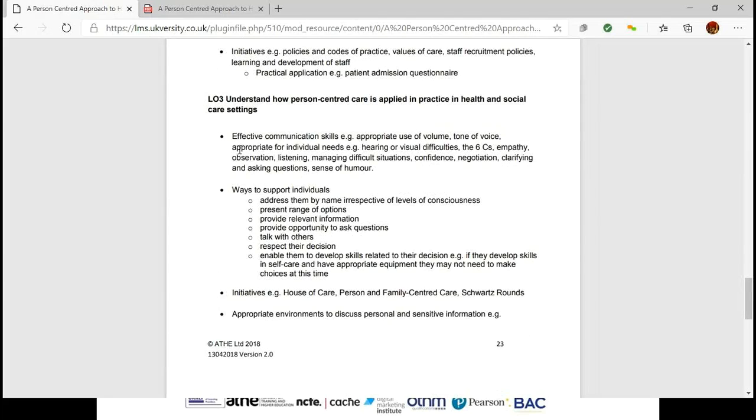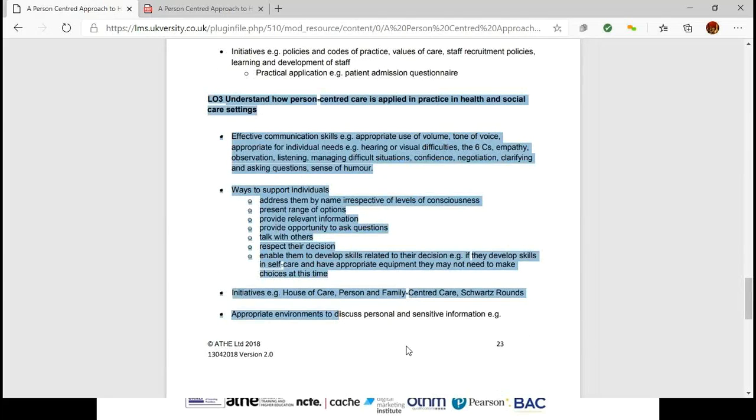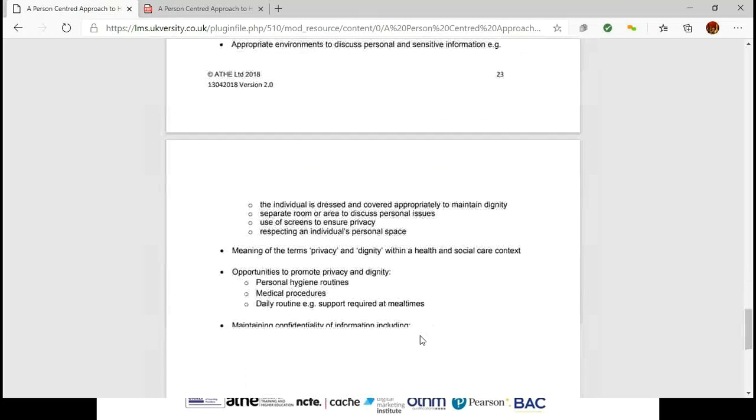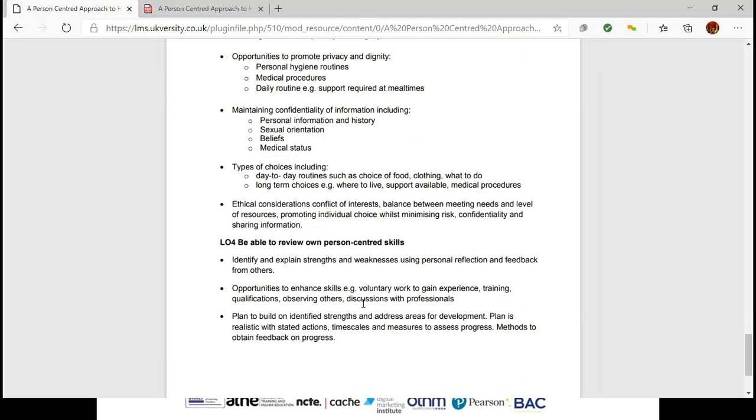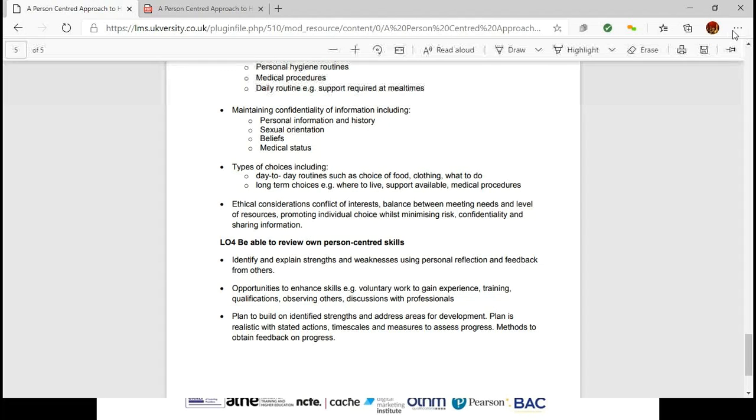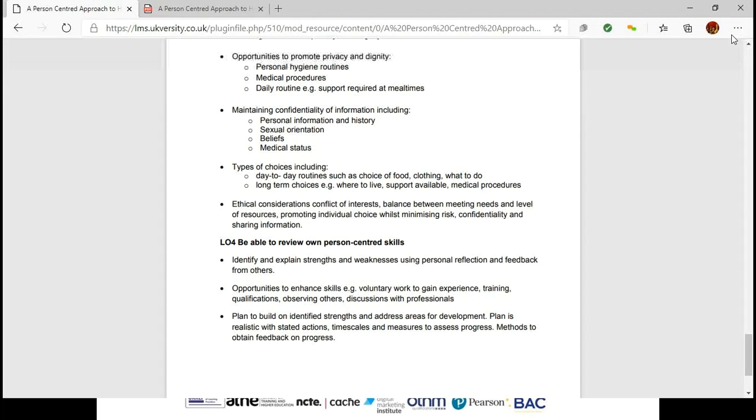So here is the LO3, what we've gone over. It's very detailed, so if you follow this, you're not going to go wrong. And then obviously tomorrow we'll be looking at reviewing your own person-centered skills. So I'm going to turn the recording off now.